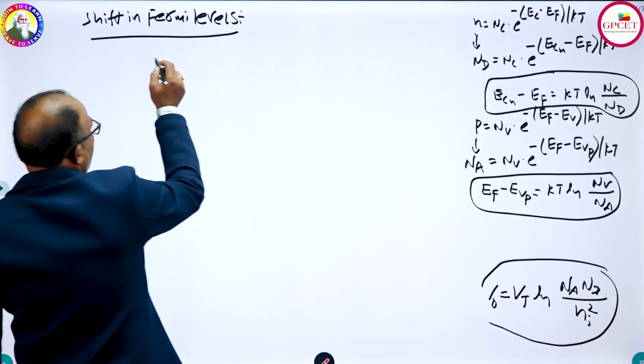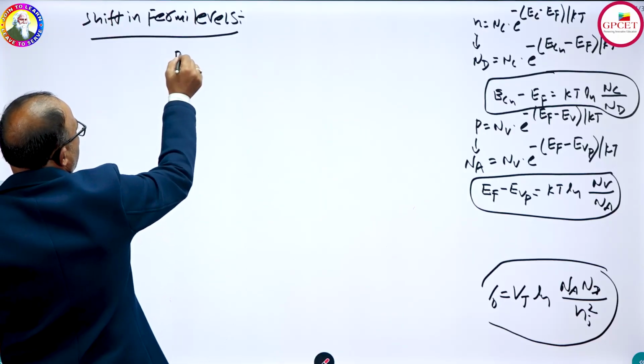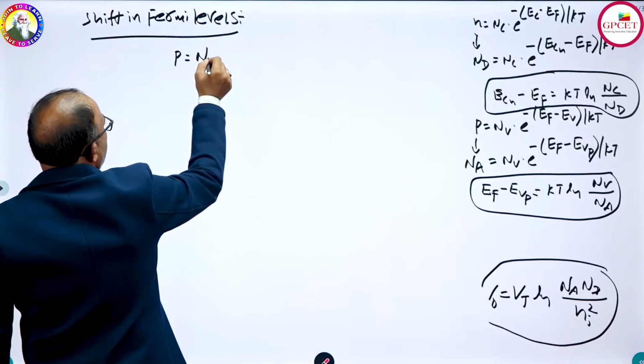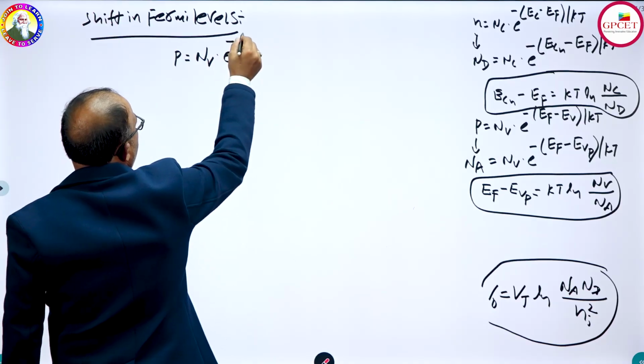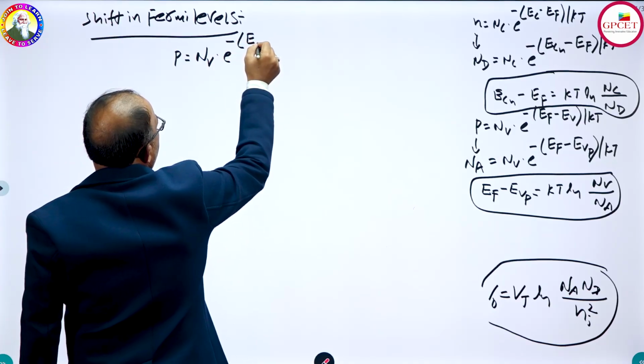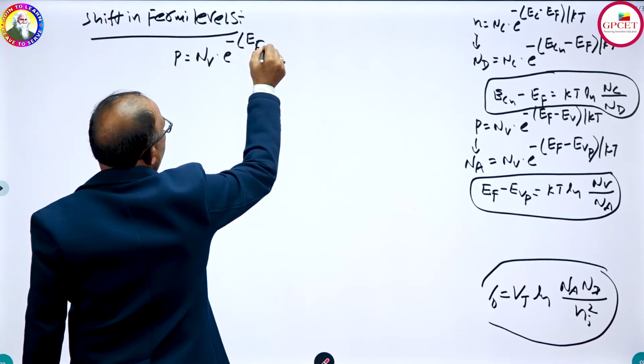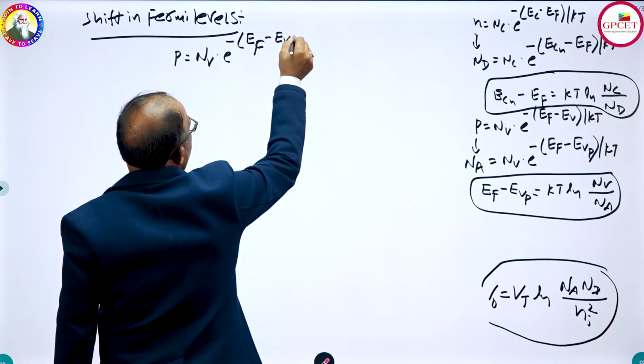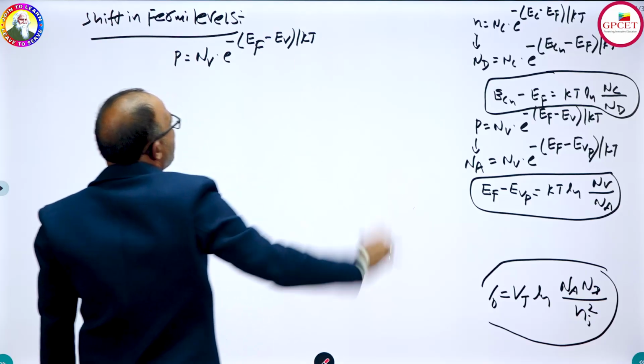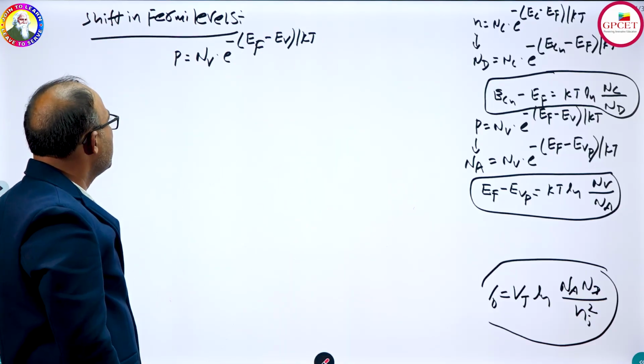Now see, we have hole concentration P is equal to Nv e power minus of Ef minus Ev divided by kT.